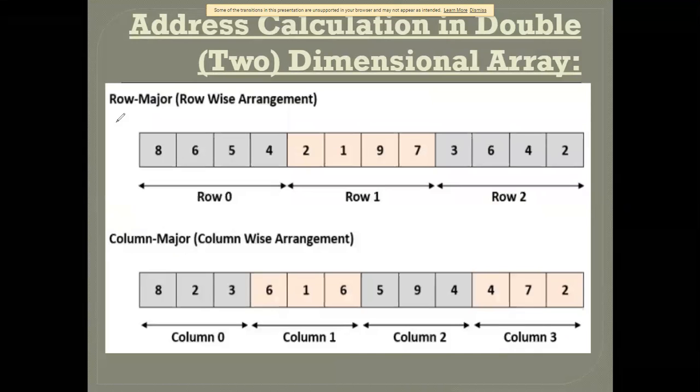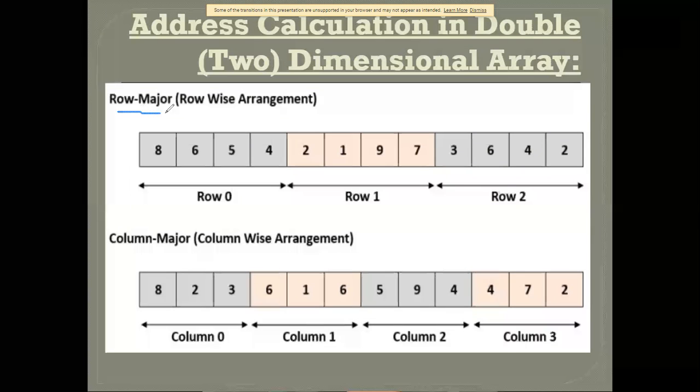First of all we focus on the row wise arrangement. As we saw in the previous example, an array means nothing but continuous memory locations. So first in the first 4 locations row 0 will be stored, after that row 1, then row 2. If we store the elements column wise, then first the column 0 elements in continuous memory locations, then column 1, then column 2, and then column 3.